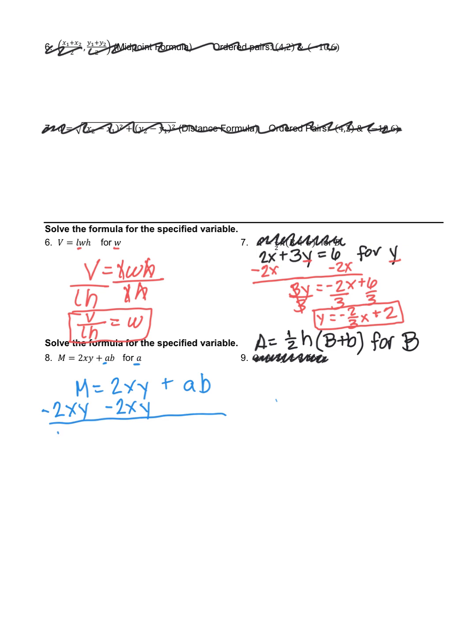So now we have capital M minus 2xy equals, well, these cancel out, AB. And remember, we are solving for a, so we have a times b. So in order to get rid of that b, we have to divide it out. If we divide it on the right, we have to divide it on the left. And we are left with a equals M minus 2xy over b.